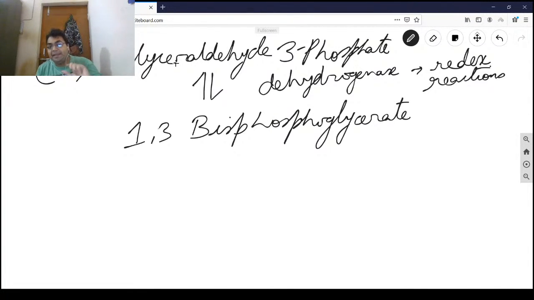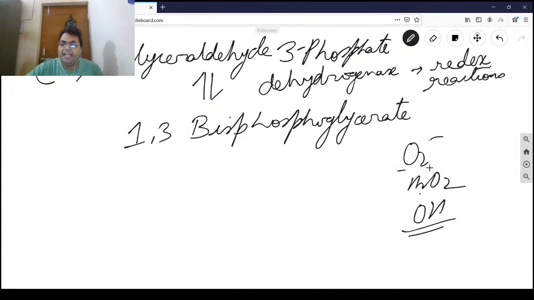Otherwise, that electron may get added to some other molecule in the cell, to some lipid or protein or DNA, and can generate pro-oxidants or free radicals, like superoxide, O2 minus, or hydrogen peroxide, or hydroxyl radicals, and they may then directly destroy or react with DNA, react with lipids. So this OH radical reacts with the polyunsaturated fatty acids present in the lipids. It can destroy the plasma membrane, the nuclear membrane, the mitochondrial membrane, and so on.